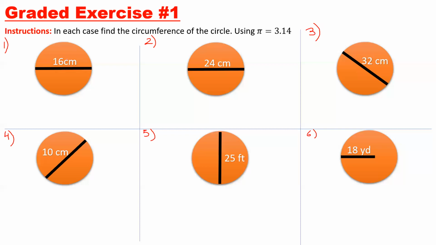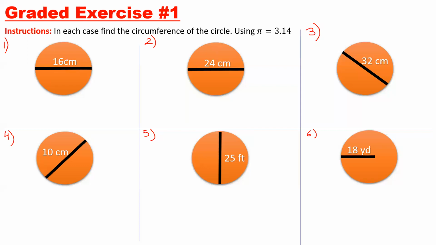Okay, what is the diameter? 16. 16, very good. And the radius is 8. Good. So it's going to be 2 times 3.14 times what? Times 8. Times 8. Good. All right. Thank you. Now I understand.